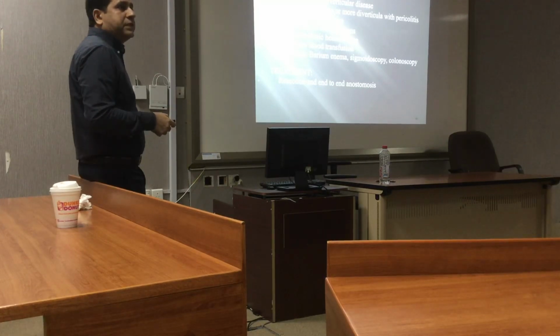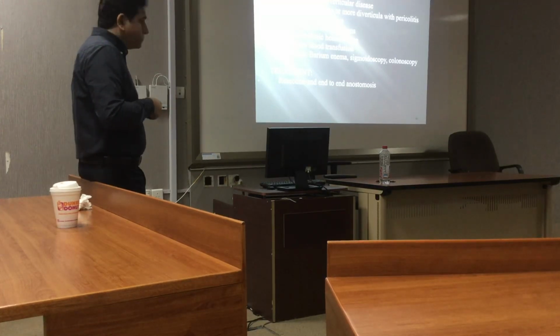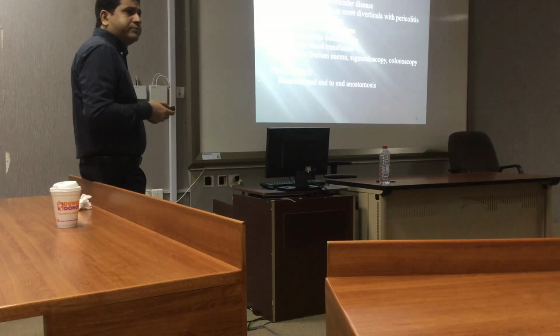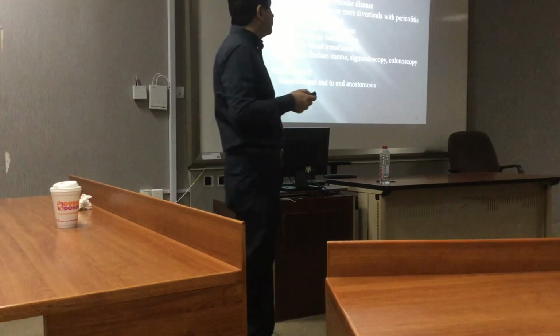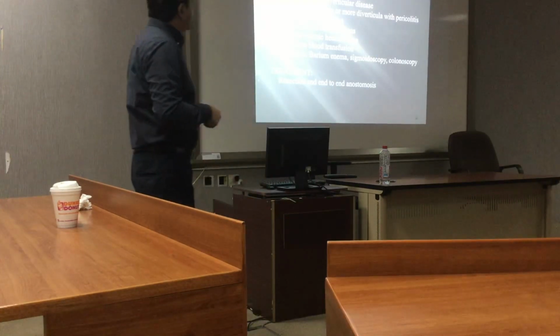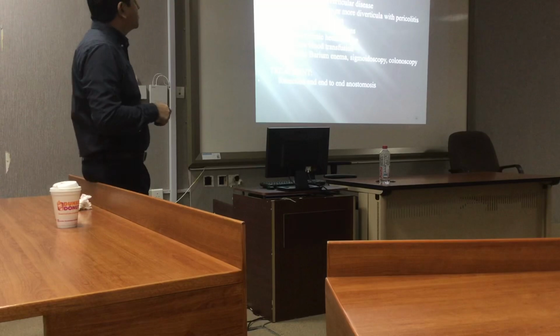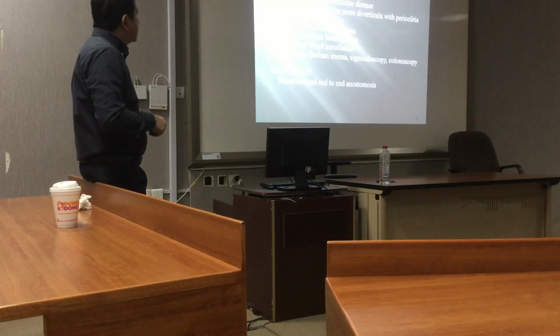And the patient can present with acute bleeding, with perforation, with abscess formation in the diverticula, and whenever there is a hemorrhage, this is a profuse hemorrhage, and in 70% of cases, blood transfusion is needed.